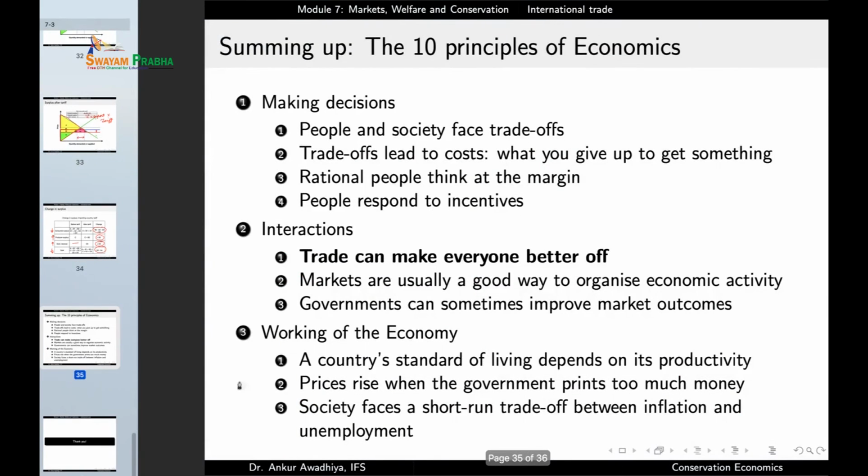And so we can sum up by remembering that trade can make everyone better off. This is why we are observing international trade in today's world, because it is increasing the surplus for the exporting country and for the importing country, and any imposition of tariff may lead to a decrease in the total surplus. So that's all for today.